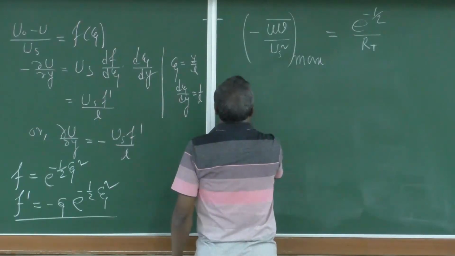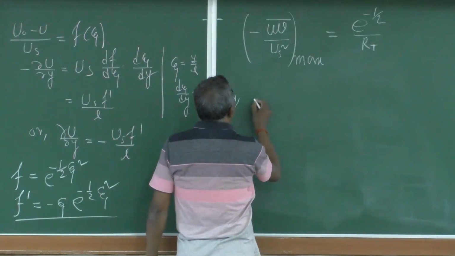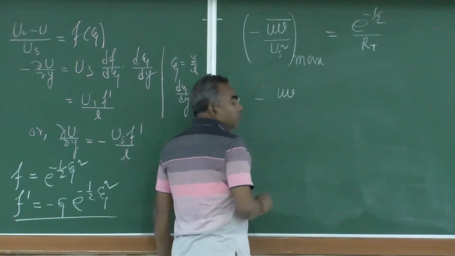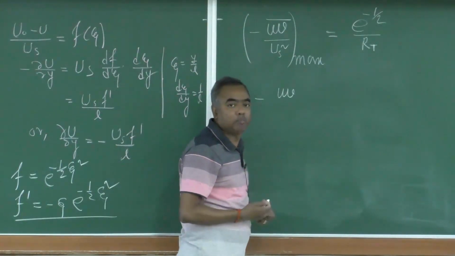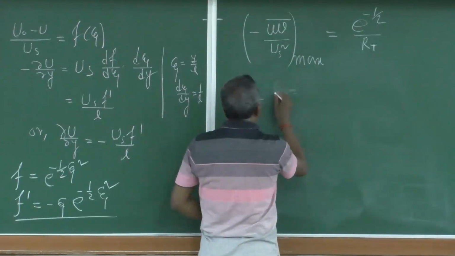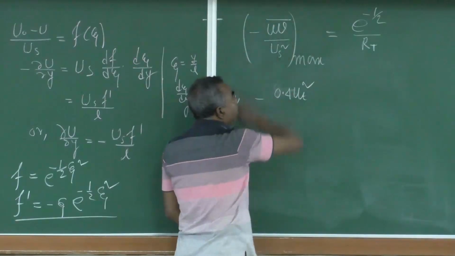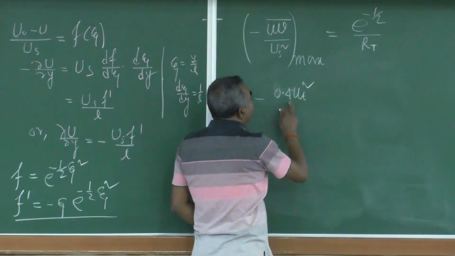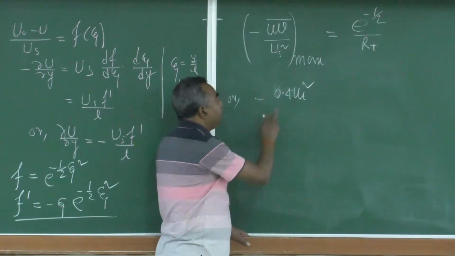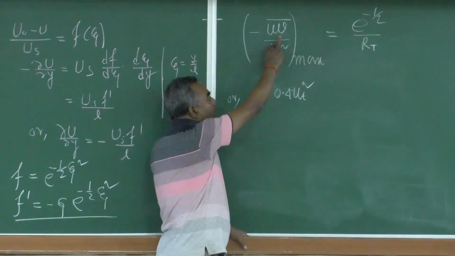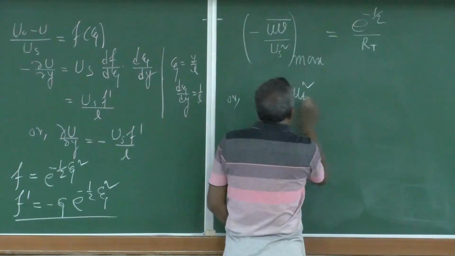A little more simplification: after xi equal to 1, the correlation of u and v can be approximated as 0.4 times u t square, knowing that the uv correlation for a turbulent wake is actually 0.4 times u t square.